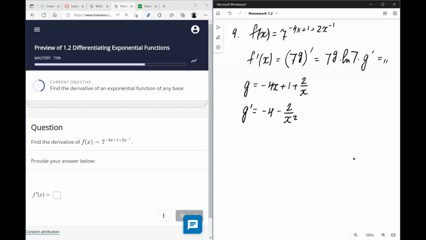So putting it all together gives us 7 to the power negative 4x plus 1 plus 2 over x times ln 7 and times negative 4 minus 2 over x squared.